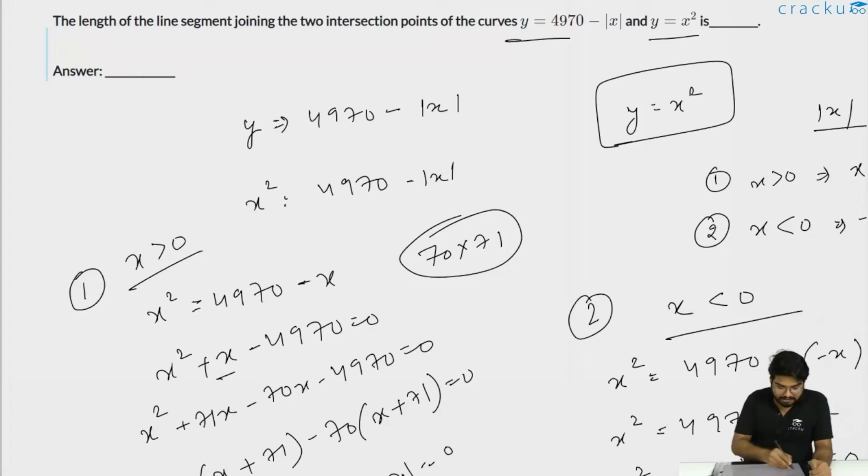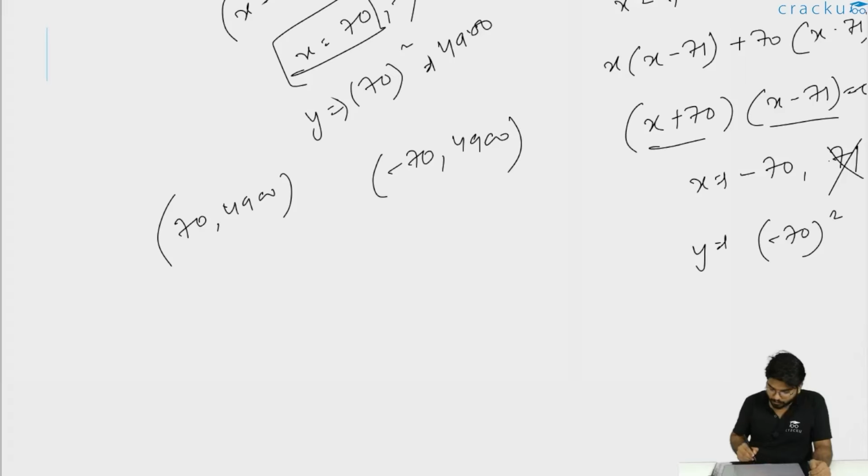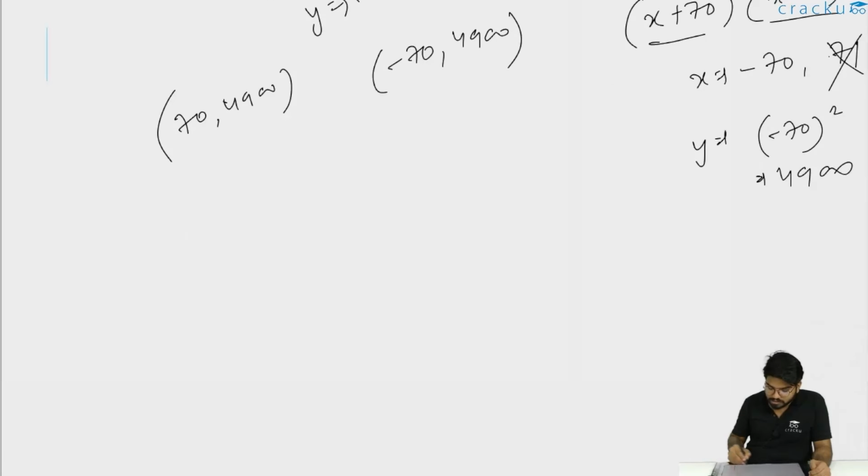Now it is saying the length of the line segment joining the two intersection points. So we got one point here, and another point is here. The y value will be nothing but 4900 only. We need to find the distance between them. We know the distance formula, that is under root x2 minus x1 whole square plus y2 minus y1 whole square.